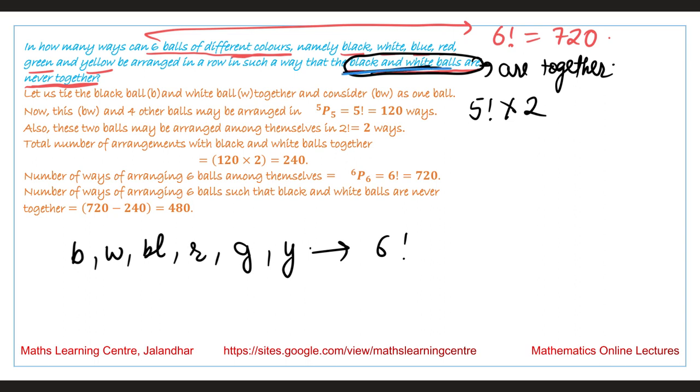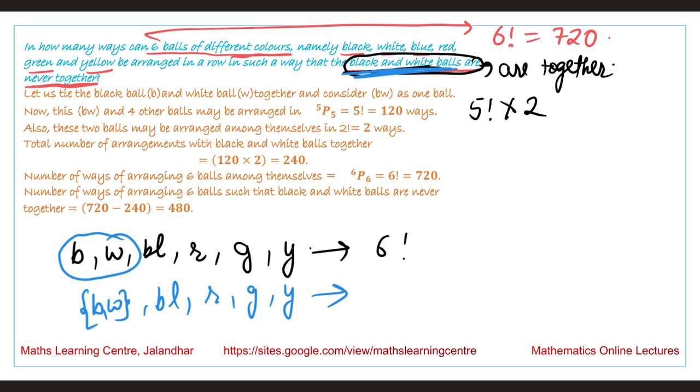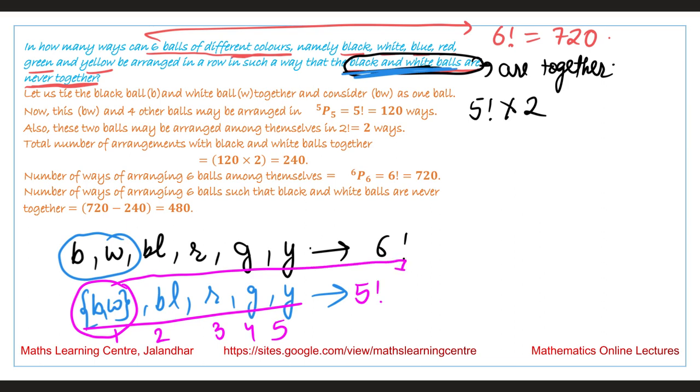Second, we consider the case when black and white balls are together. We have blue, red, green, yellow. The number of elements now is 1, 2, 3, 4 and 5, so 5 factorial. The number of ways in which the black and white balls can be arranged is into 2. So the value of 5 factorial into 2 is 240.